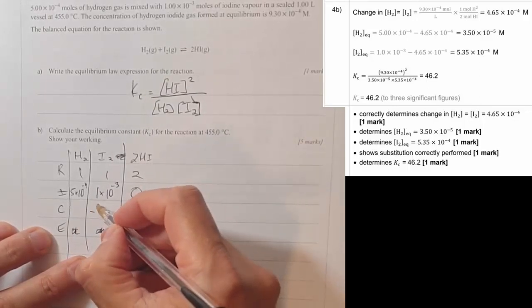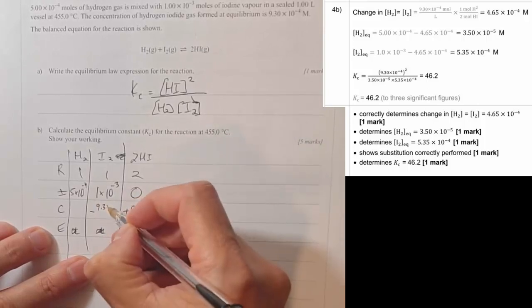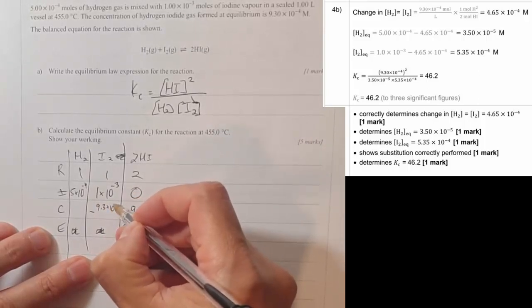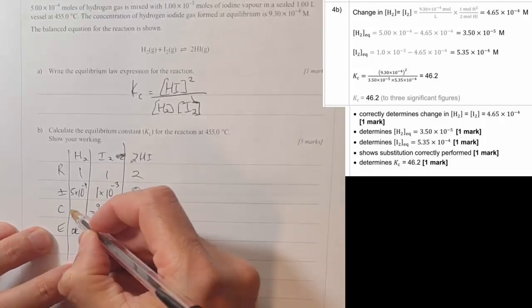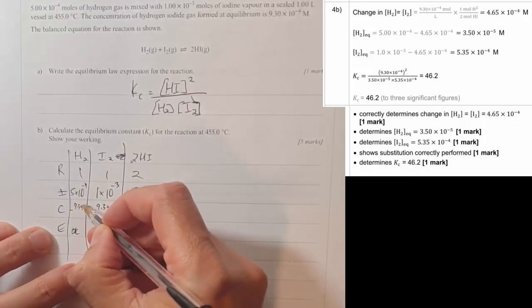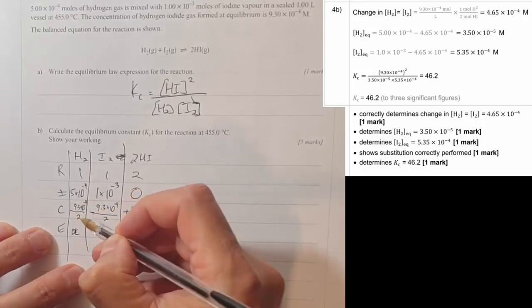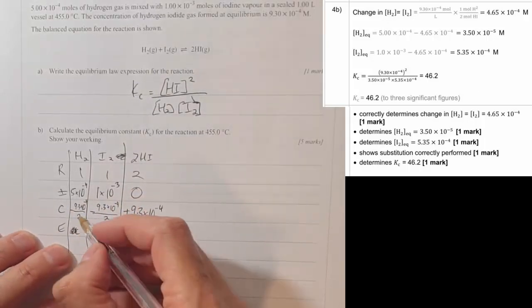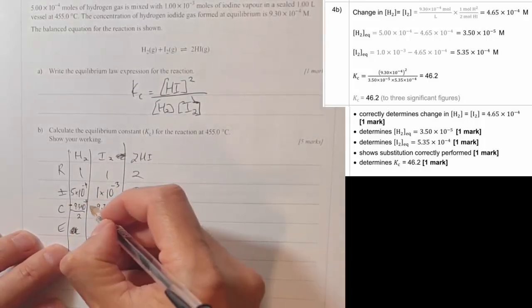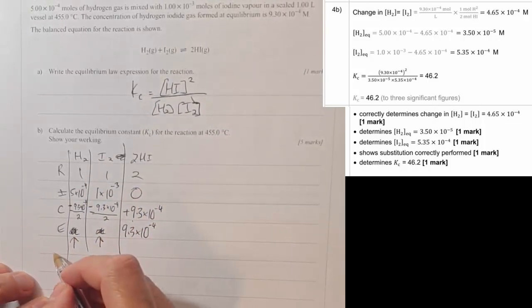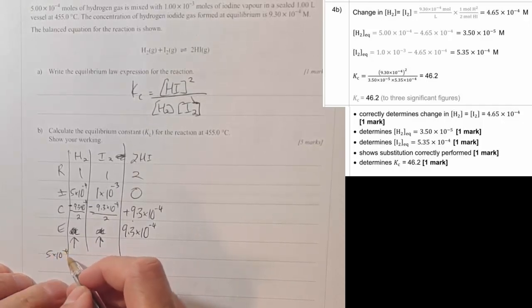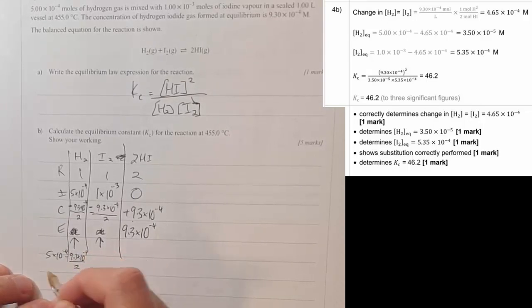So minus 9.3 by 10 to the minus 4 on 2, minus 9.3 by 10 to the minus 4 on 2. So the change is, so do a negative and a negative there. So I'm going to have to give myself some more room here. 5 by 10 to the minus 4, minus 9.3 by 10 to the minus 4 on 2.